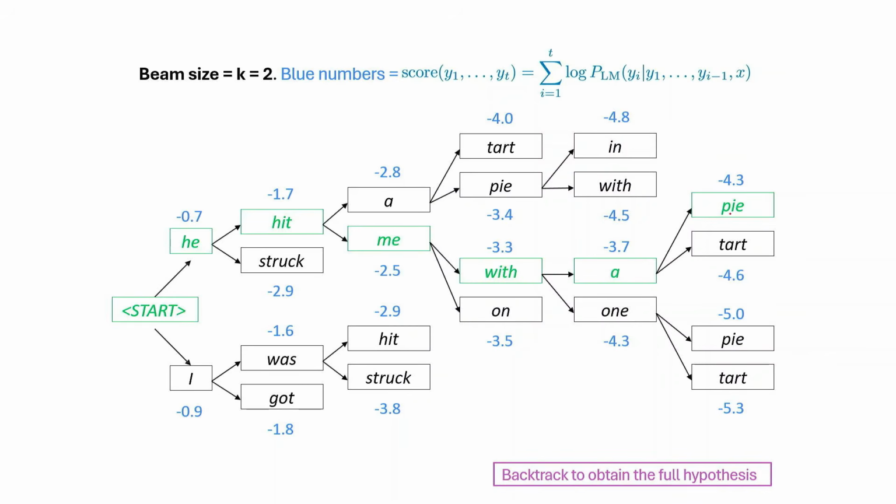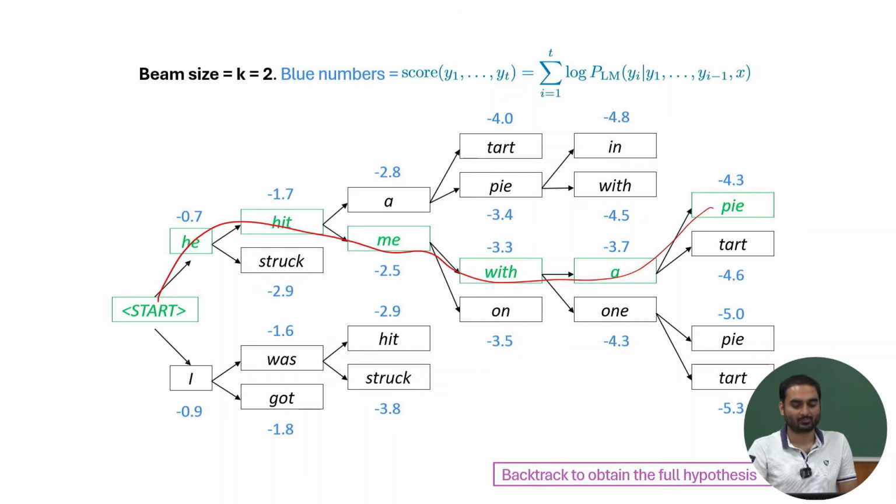Then I will backtrack, and this is the backtracked path. So I will generate this. The problem here is that longer hypotheses will be penalized, and shorter hypotheses will be given more advantage. Why? If it's a longer hypothesis, you keep adding multiple negative numbers, or basically you are multiplying so many probabilities, which leads to a lower probability value.